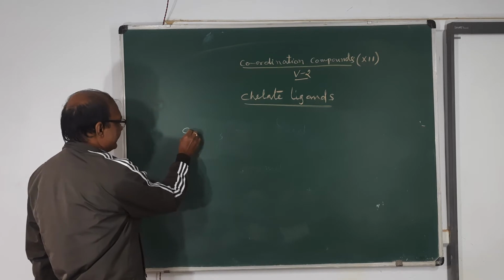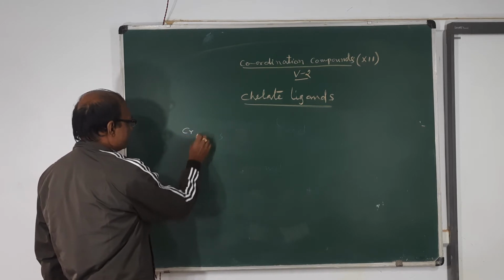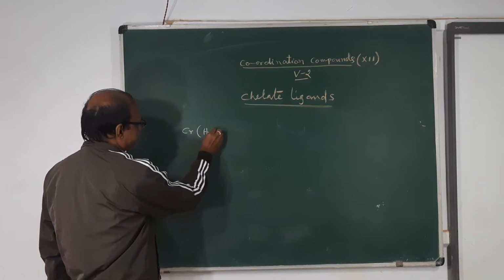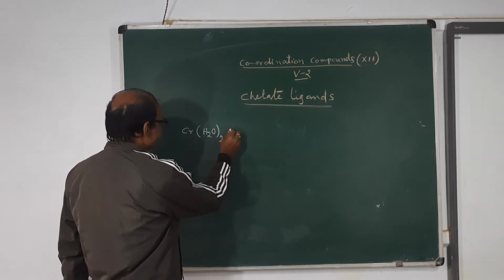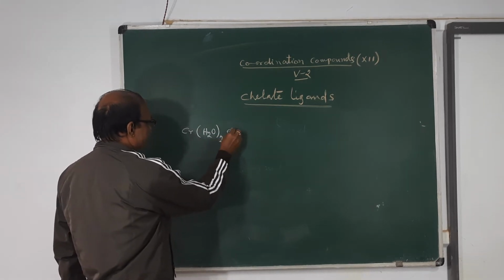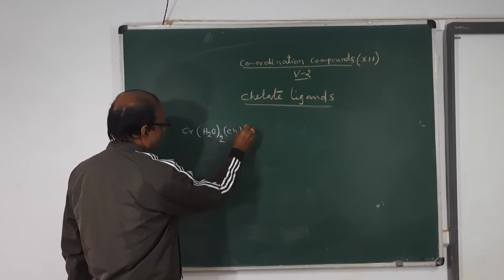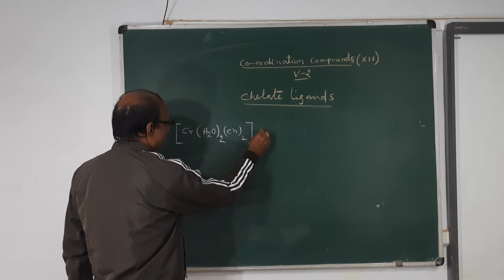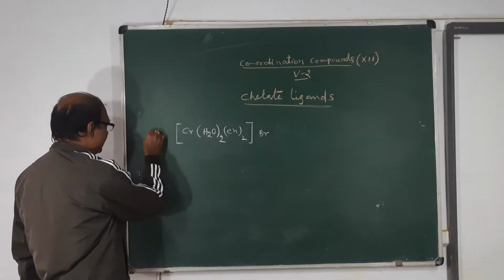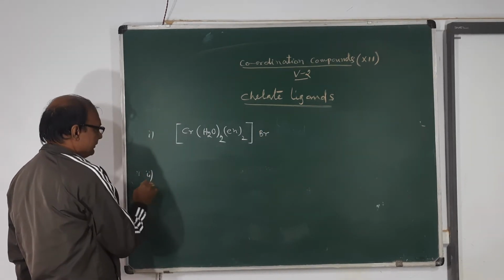Let us take some examples of complex compounds. See, I am writing the complex compounds. This is number 1. This is number 2.